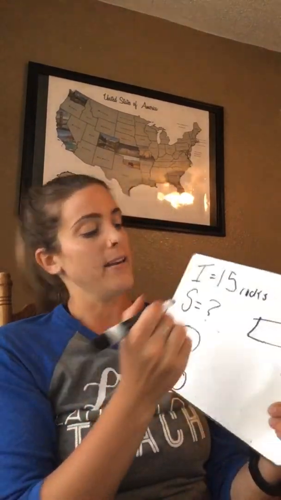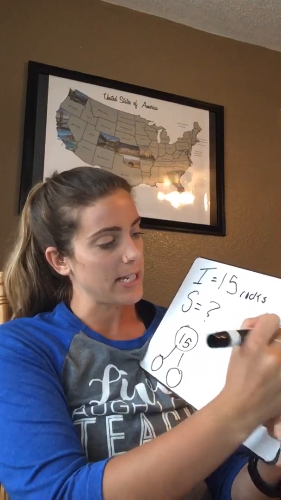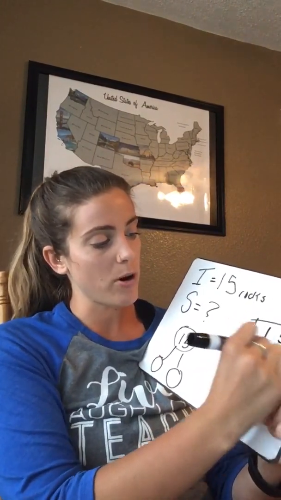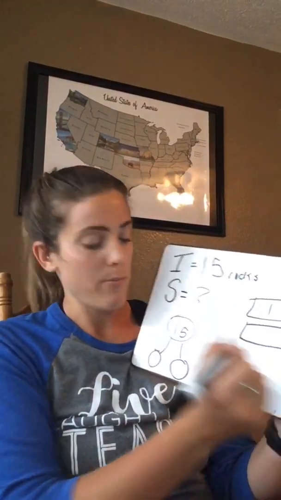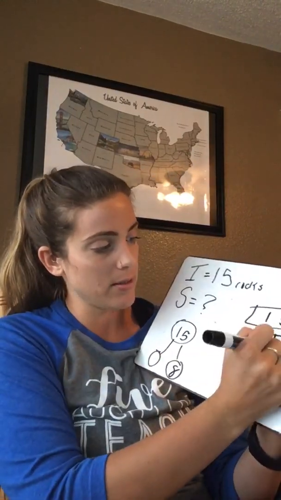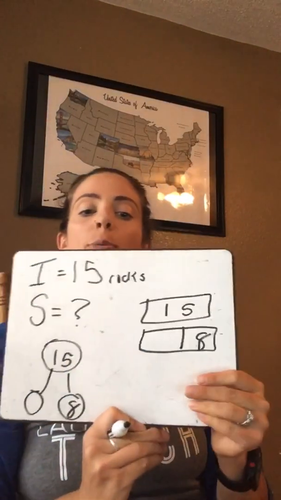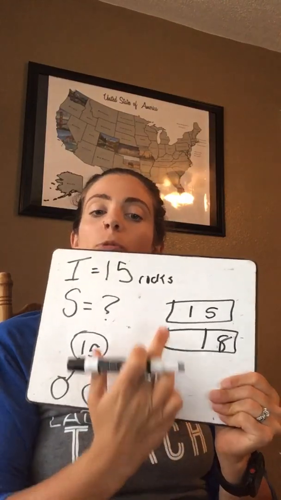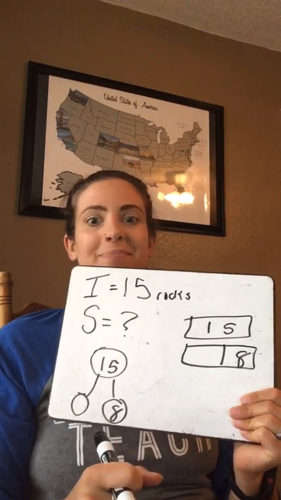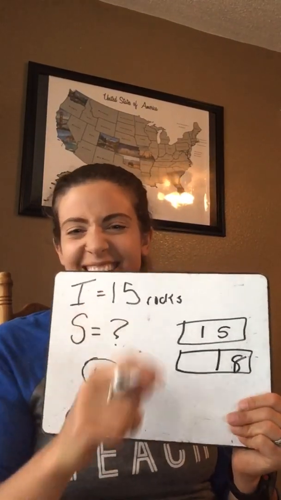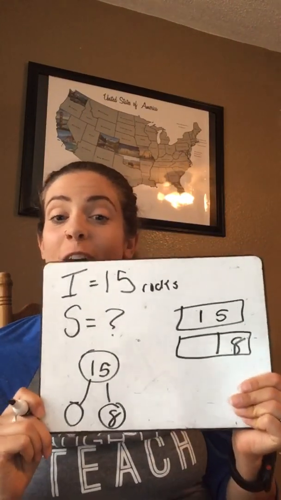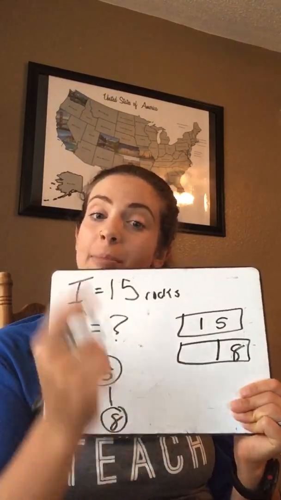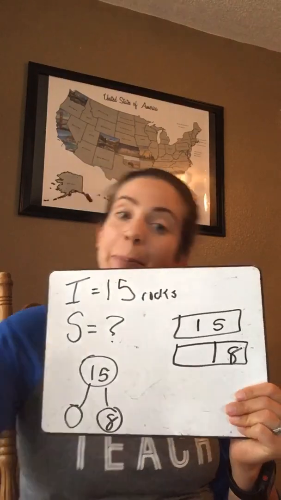Our 15. She found 15, and that was how many more than Silas? 8 more. So that would be one of our parts. Now we have to find the other part. 8 plus what would be 15? Ooh, I just told you. All right, I already told you, but go ahead and pause the video, see if you can solve, fill in the number bond tape diagram, and solve with your adding and subtraction sentences.